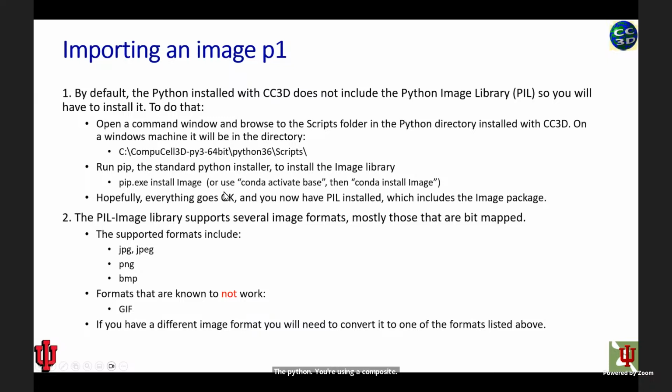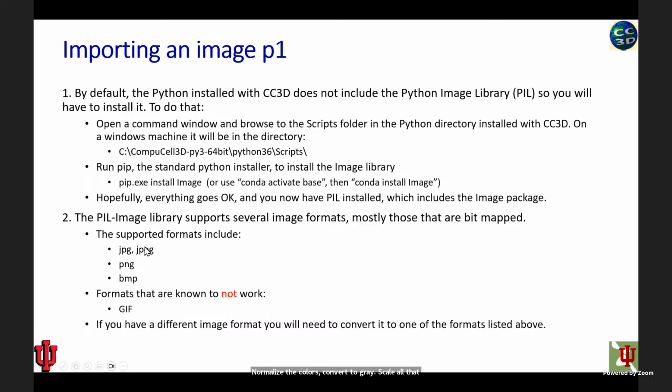But in any case, after you get the image library or PIL installed, a little bit about the PIL image library. There's another library called CV2, which is a more modern image processing library. Both of them have the ability to stretch and shrink images, crop images, rotate them, normalize the colors, convert to grayscale, all that kind of stuff. All the kind of things you'd expect an image library to be able to do.